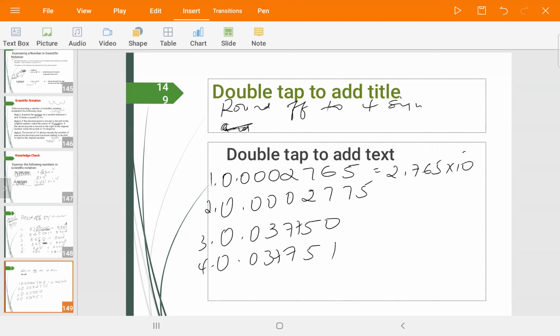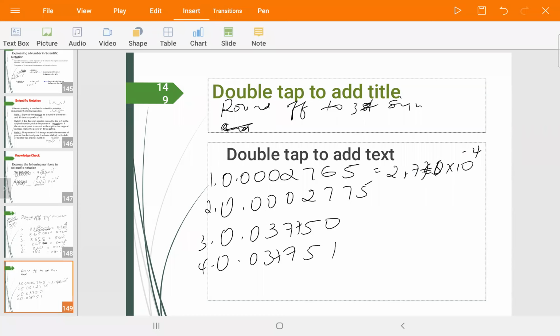Okay. እኔ 0 0 ልጨምርበት ነው። ወደ 4 ነው፣ ወደ 3 አድርገው። ኤግዛክትሊ around 3 significant figure 2.770 times 10 to the power of minus 4.